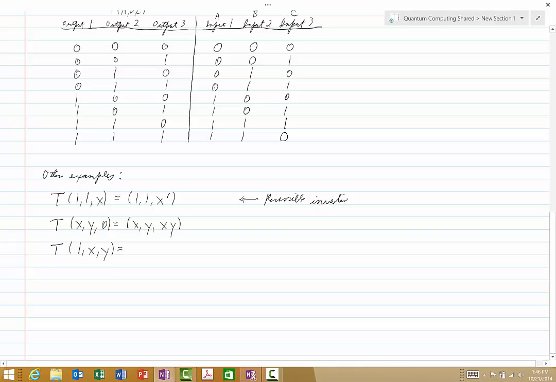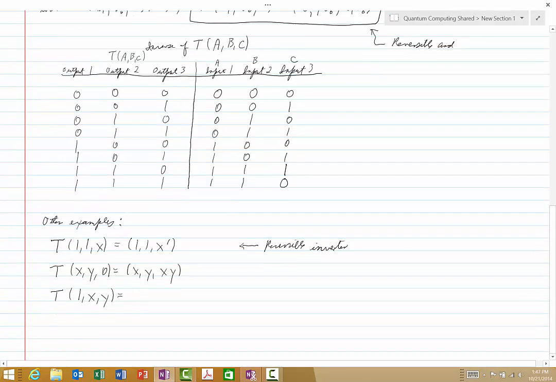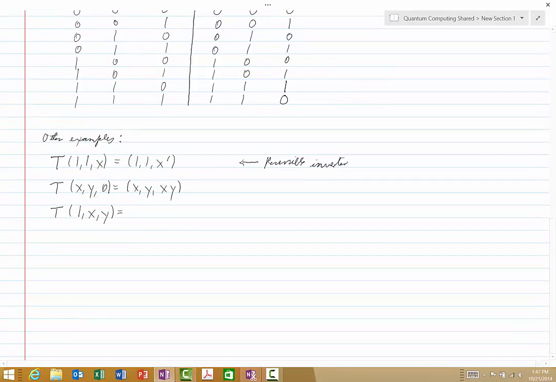What does that equal to? Well, let's think about this one. Obviously the first two outputs will be 1 and X, but what will we get as our third output?